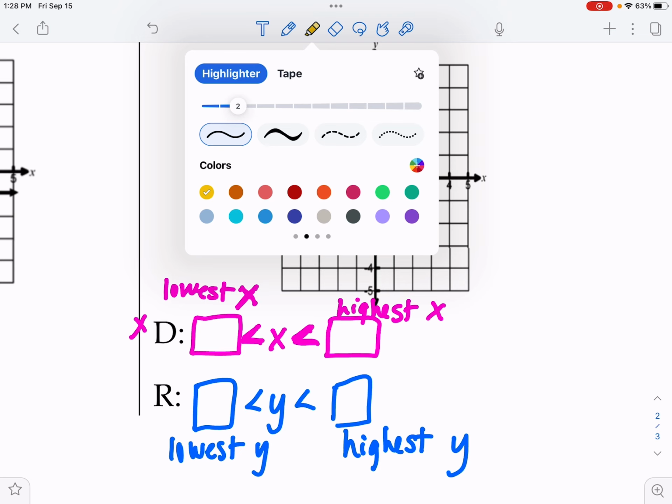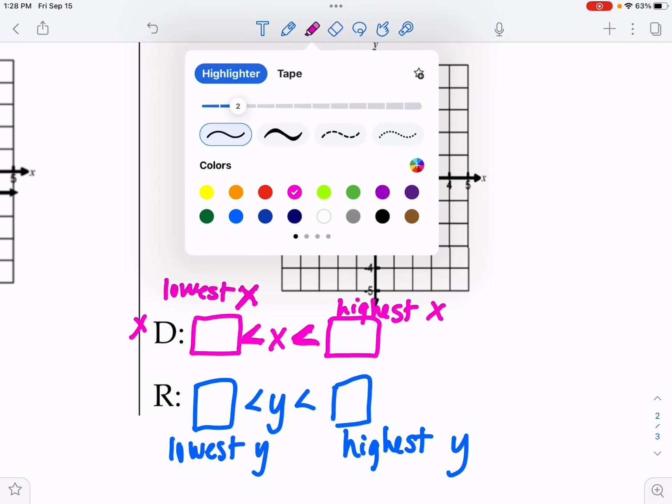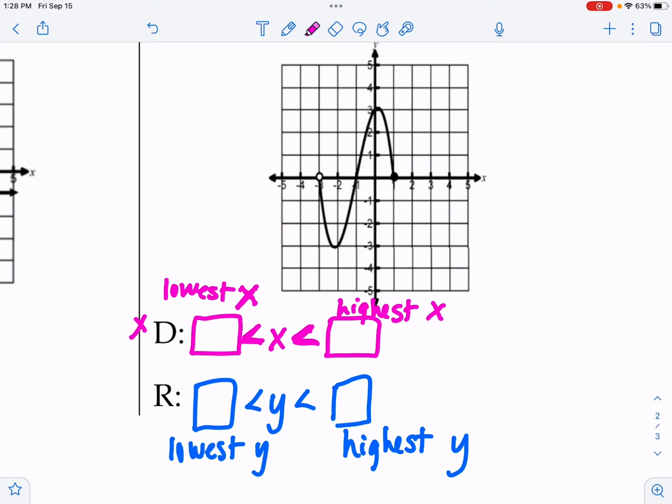So switching back to domain, let me get pink. A little bit bigger. The sides of my box, if I were to put this function in a box, I'd put the left side right here at x equals -3. I wouldn't want to go way out to -5, because if I were shipping this function in a box, I don't want room here, because then it's going to move around, it's going to get broken.